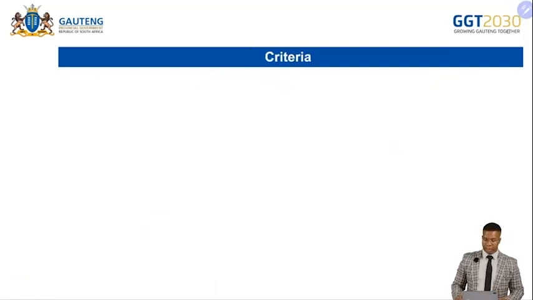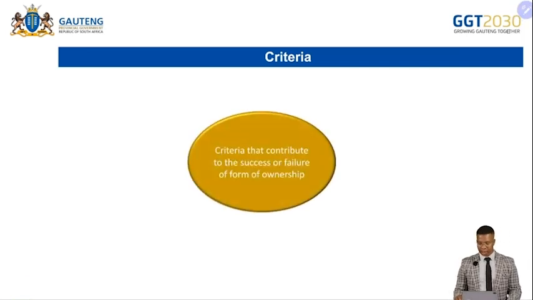Now, the second part of our lesson is to look into criteria to say how the criteria we are about to talk about can contribute to the success or failure of a form of ownership. This is to say, if one day you want to start a business, and I believe you should start a business, because with business studies it becomes a very important subject.